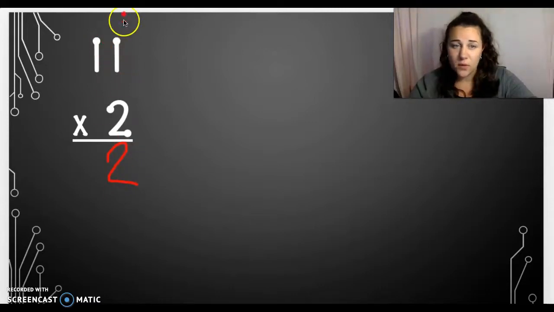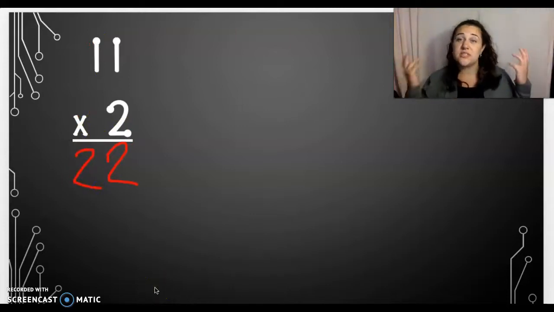So now I'm done with my ones place, and now I can go to my tens place. And I have 1 times 2 again. Again, we know 1 times any number is that same number. So 1 times 2 is going to equal 2. Just like I told you, just double the other number. 11 times 2 equals 22.